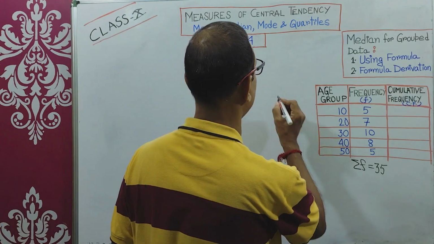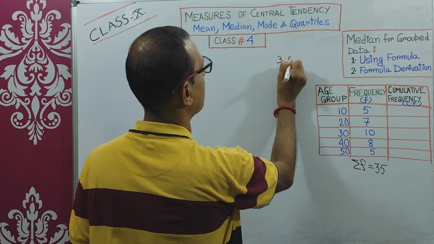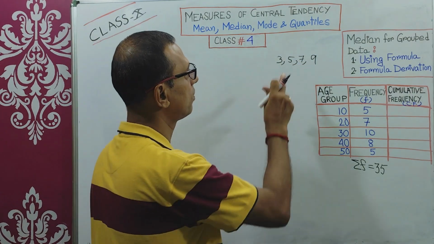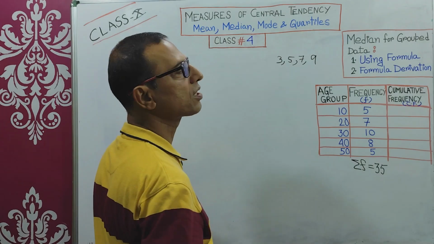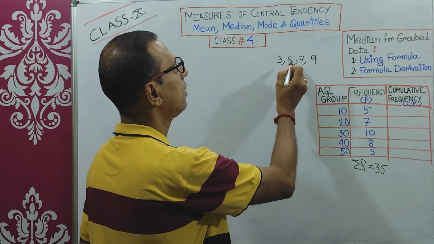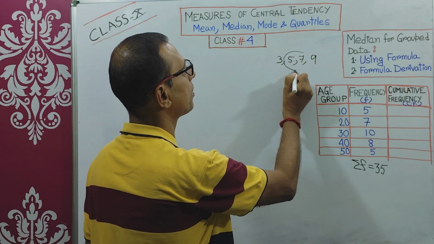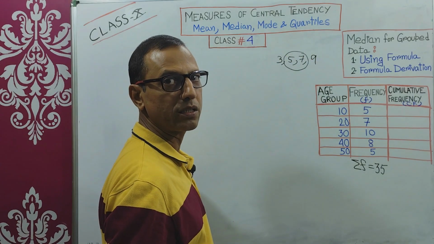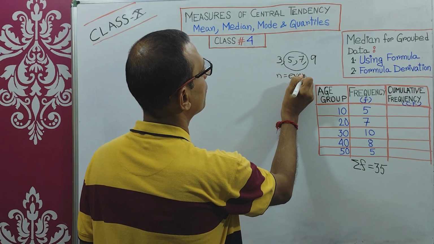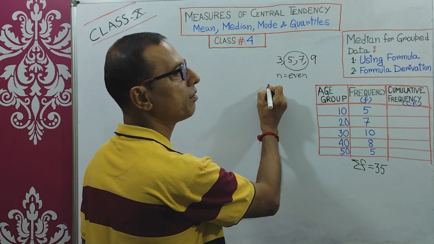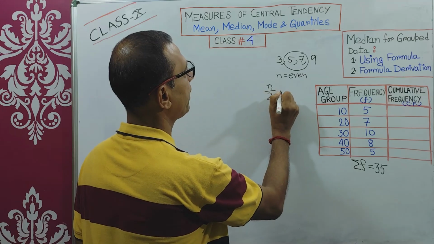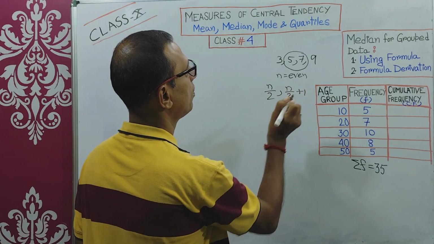So for an odd number of observation values, how will you find out? Because if there are a few values, let's say 3, 5, 7, 9, these are an even number of observations. There are 4 values. If I ask you to identify the middle number or the median, you can see very well these two are the medians. So if the number of terms n is even, the median positions will be n by 2 and n by 2 plus 1.